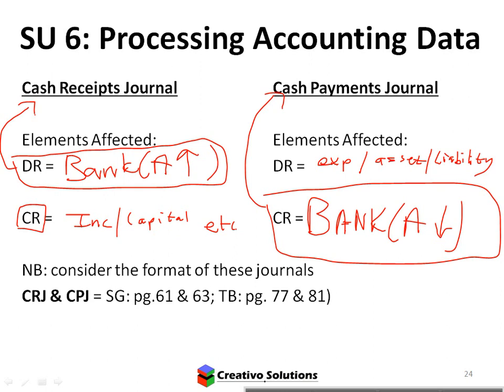If I buy a laptop, it's an asset: credit bank, debit the asset. If I buy stationery, credit the bank, debit the stationery. If I pay off a loan, credit the bank, debit the loan. It doesn't matter what I pay, but I'm paying something. Does that make sense? That's what I want you to consider for all the others.